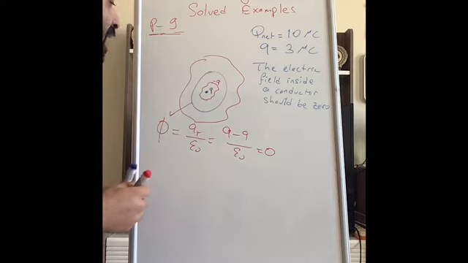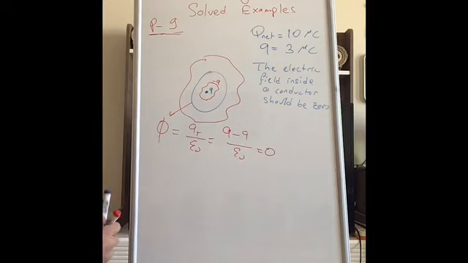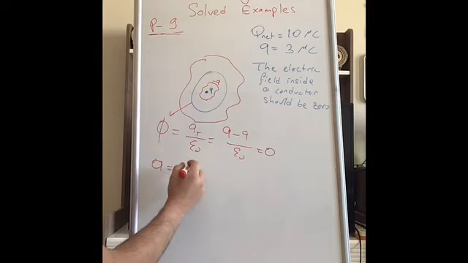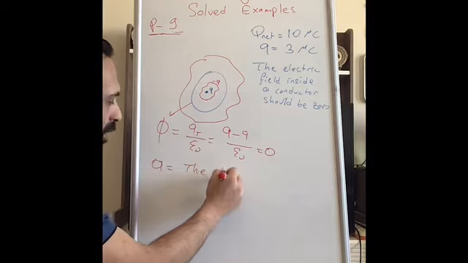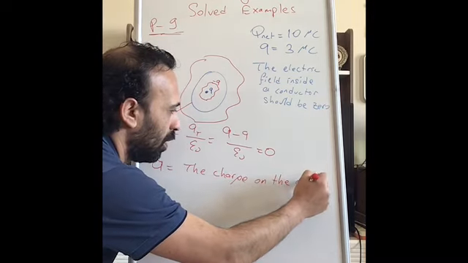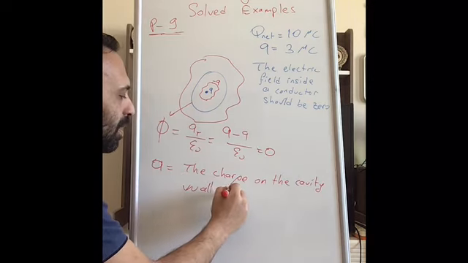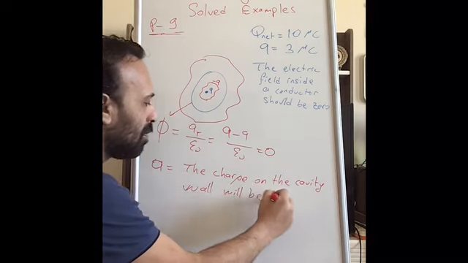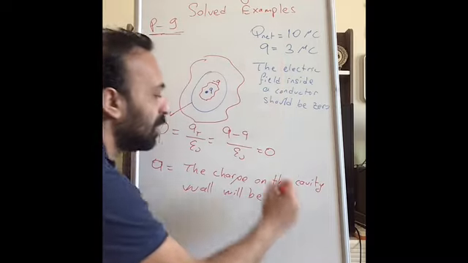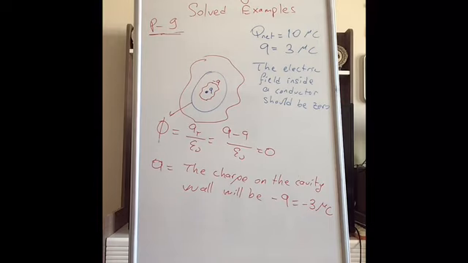So the answer to part A of this problem: the charge on the cavity wall will be minus Q, which is equal to minus 3 microcoulomb, or 3 times 10 to minus 6 coulomb.